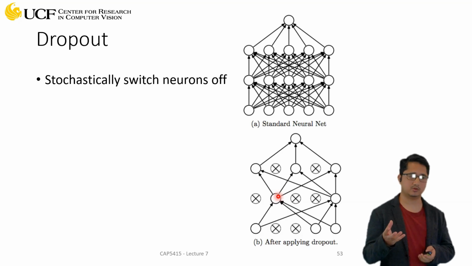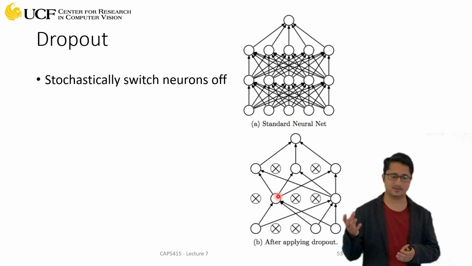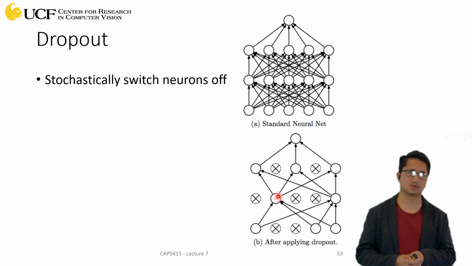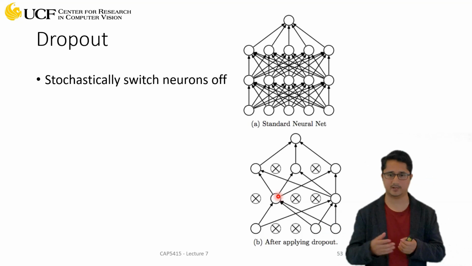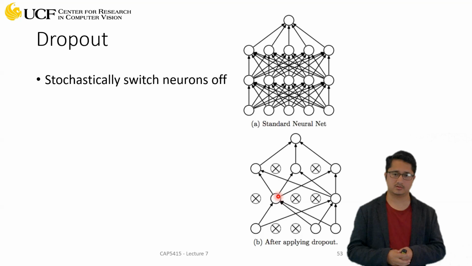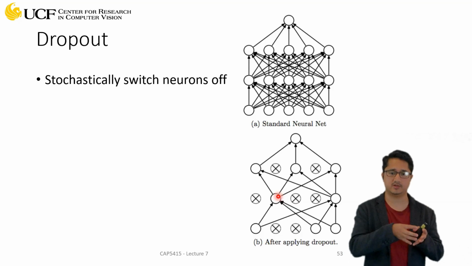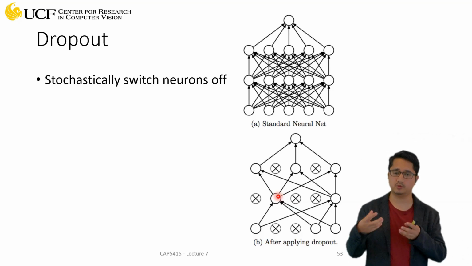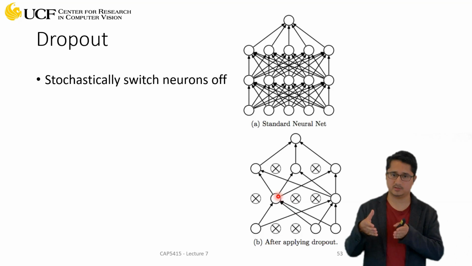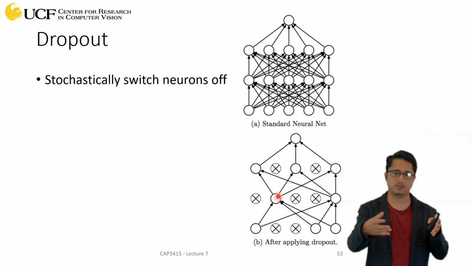So you can think about this like this. Let's say you are working on a course project, a group project, and you have a group of 10 students. What may happen is you might have one or multiple students in the group who are relying on other students. So they won't do anything. Whatever other students are doing, they will just copy it, or do something based on what other neurons are doing.